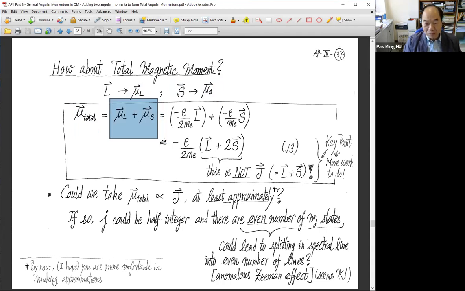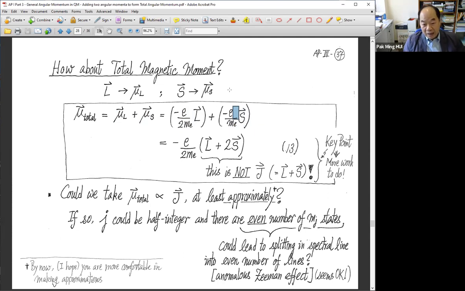But there is one trouble that will emerge. Remember, there's a g equals 2 factor for spin and g equals 1 for orbital angular momentum. So this mu L is related to L by this factor. If I multiply and divide by h bar, you will see the Bohr magneton. And then mu S is related to S with this ratio, but there is a difference of a factor of 2, and actually there's a g factor here being 2.